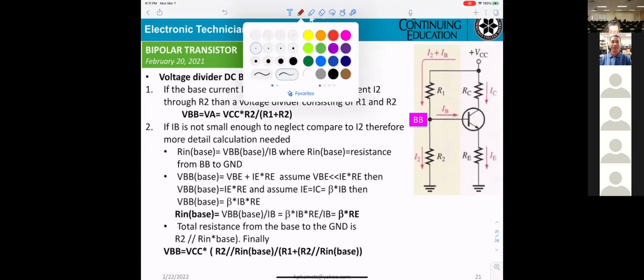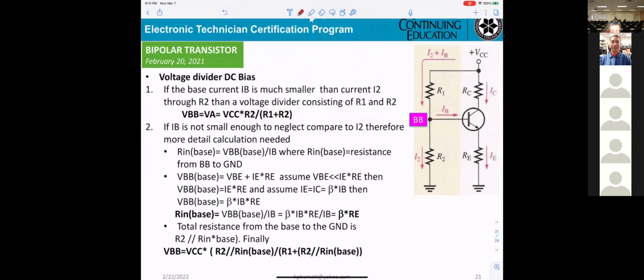From the base here, go to the ground. That's what they call R in base.